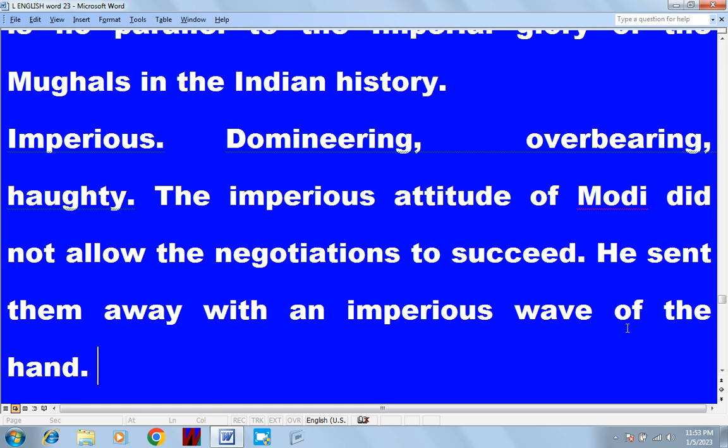The imperious attitude of any ruler or any diplomat did not allow the negotiations to succeed. He sent them away with an imperious wave of the hand.